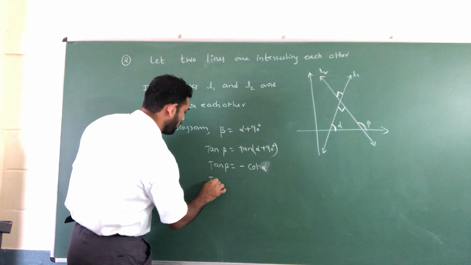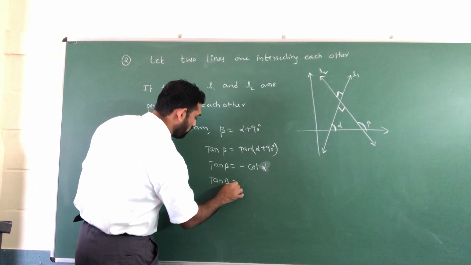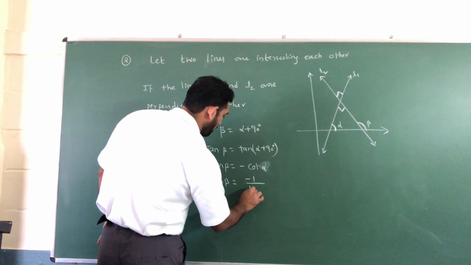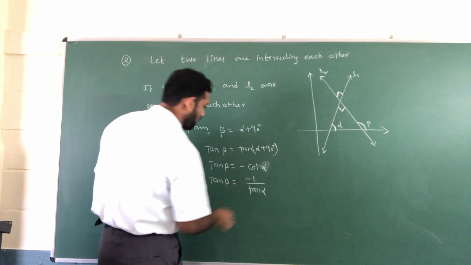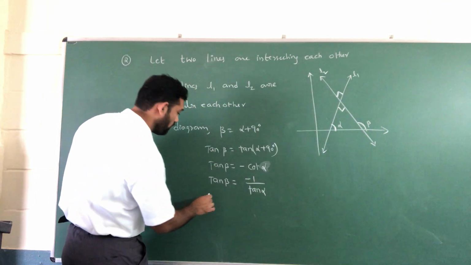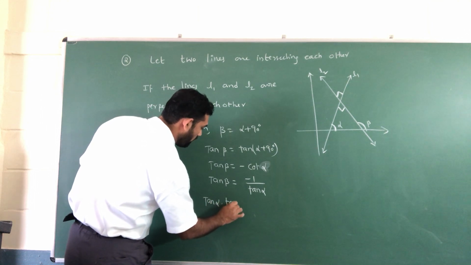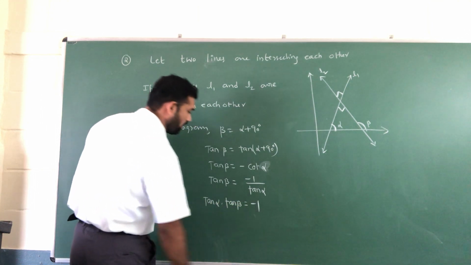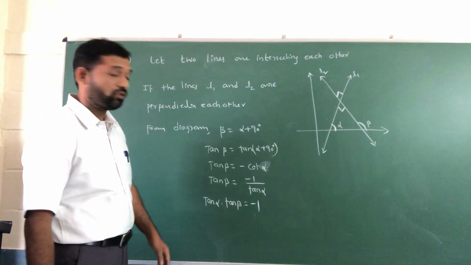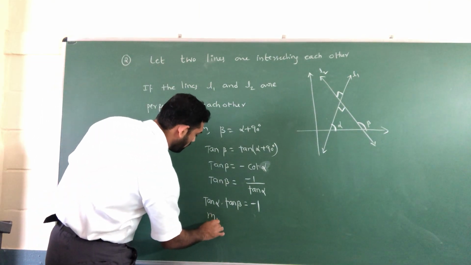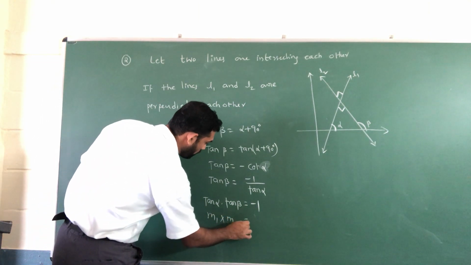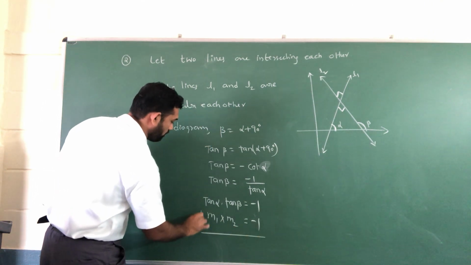So tan beta is equal to minus 1 by tan alpha. Cross multiplying, tan alpha into tan beta is equal to minus 1. Tan alpha is m1, tan beta is m2. It is equal to minus 1.